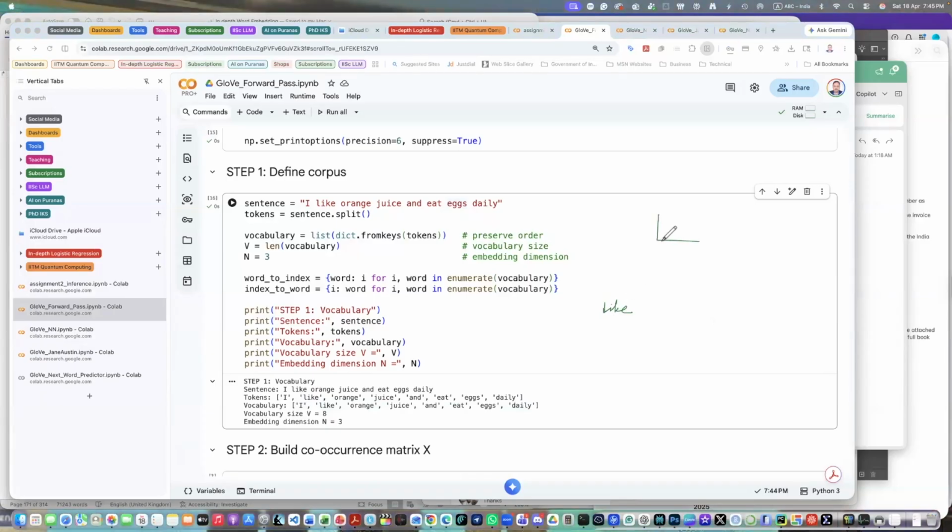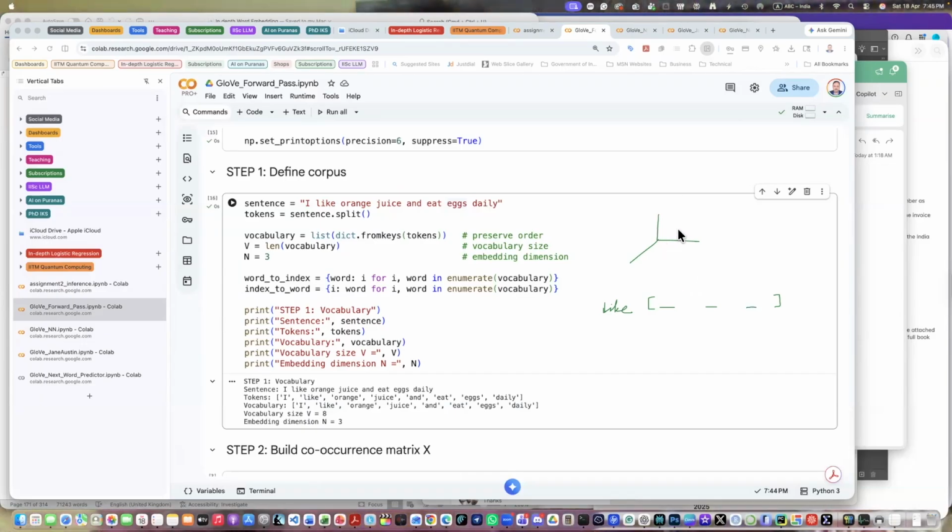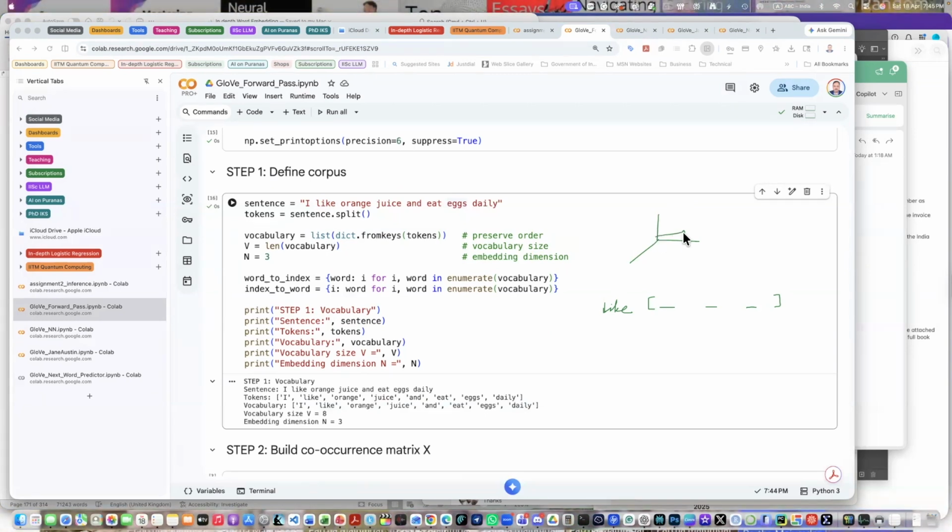I've taken 3 because on a 3-dimensional plane I can represent the whole thing. If I can represent this word using 3 elements, then I can treat them as x coordinate, y coordinate, and z coordinate, and plot it somewhere in the vector space, with something on the x-axis, y-axis, and z-axis.